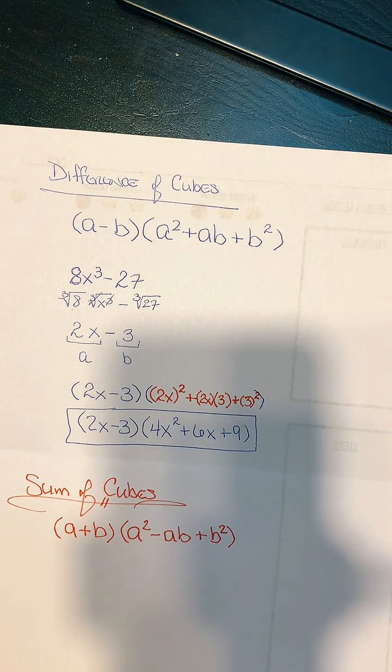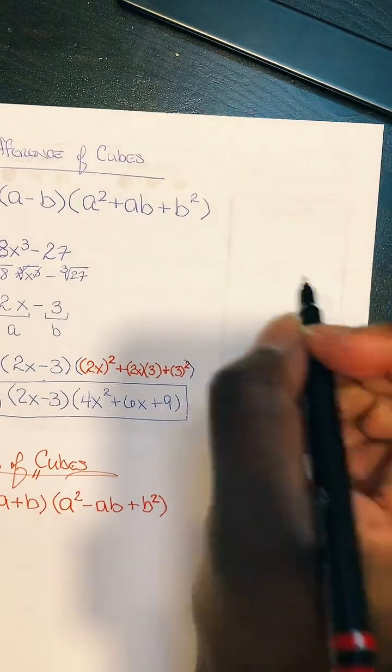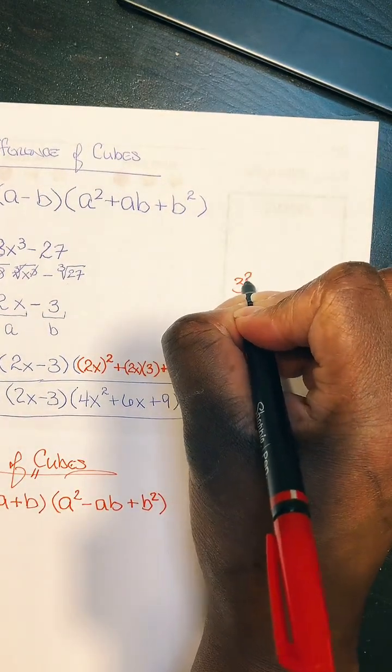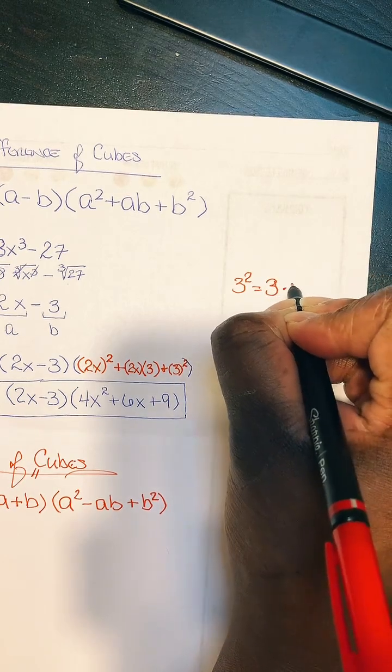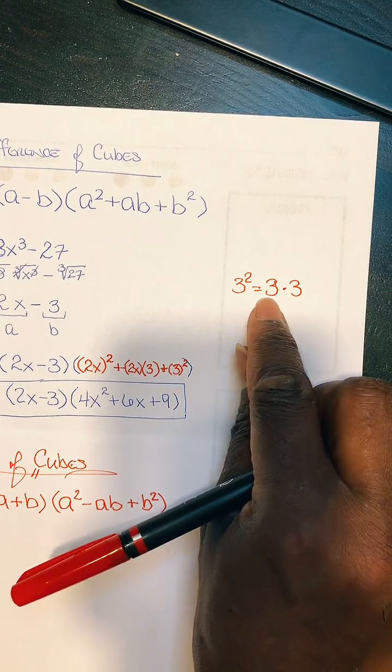Is this simplifying? Simplifying the difference and the sum of cubes. I thought 3 squared was 6. Well, I'm not going to call you stupid, Sarah, because you're not. So 3 squared is not 6, because 3 squared is the base of 3 multiplied to itself 2 times.